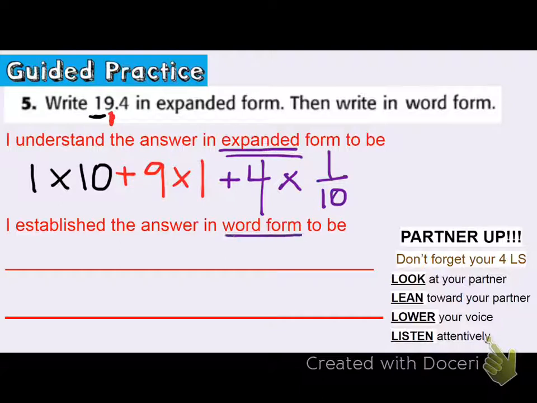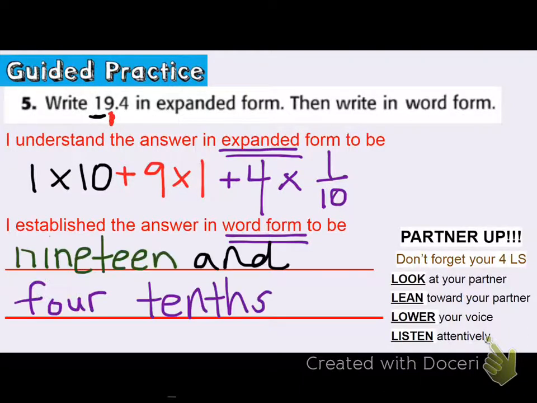It also asked me to write it in word form. When I write it in word form, I need to make sure that I have no digits. You can also remember from a prior lesson that when you write something in word form, you can write it using the periods. 19 is in the ones period, so I wrote it together. 19 and 4/10.